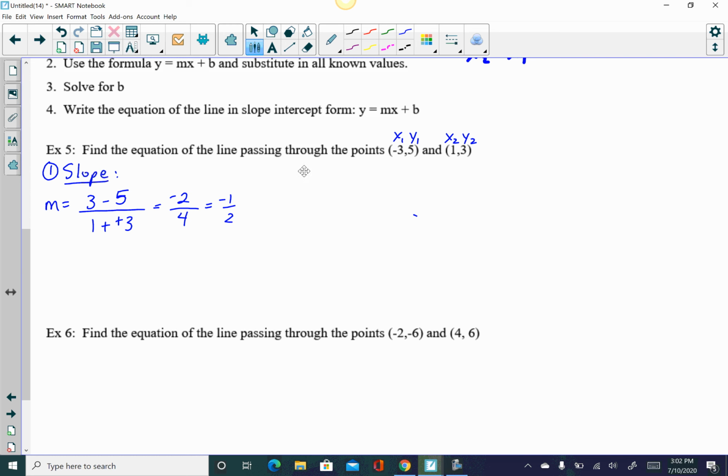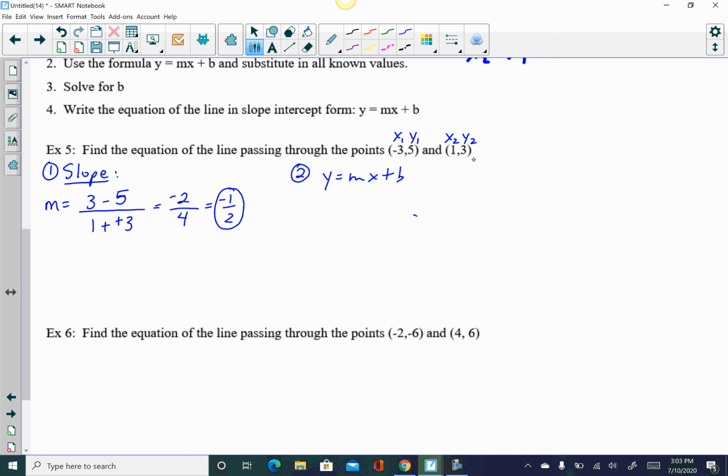Okay, so that's step 1. Step 2 says use your slope formula, y equals mx plus b, and plug in everything that you know. So at this point, you know the slope, and then you have an ordered pair that you could use for x and y. You choose one of these points, okay? So you either choose the first ordered pair and go with it, or you choose the second ordered pair and go with it. But you can't cherry pick and say, I want this y and I want that x, okay?